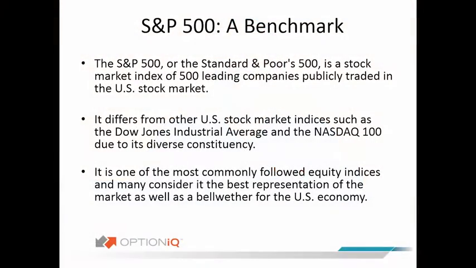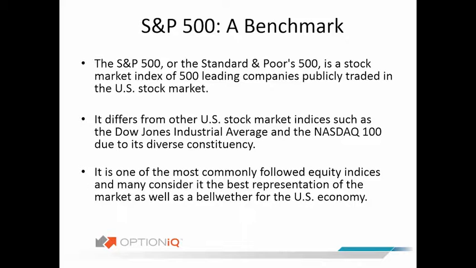The S&P 500 happens to be kind of the benchmark index. It says here, I'll just read these bullet points to you. The S&P 500 or Standard & Poor's is a stock market index of 500 leading companies that are publicly traded in the U.S. stock market. It differs from other U.S. stock market indices such as the Dow Jones Industrial Average and the NASDAQ 100 due to its diverse constituency.